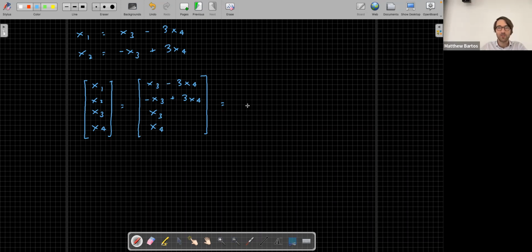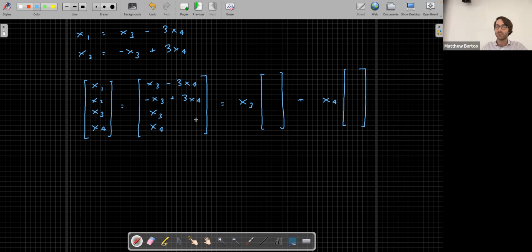If we separate it out, this vector is equal to x3 times some vector plus x4 times some vector. Really what we're saying is that the set of vectors that make up our orthogonal complement consists of some scalar x3 times a vector plus some scalar x4 times a vector.